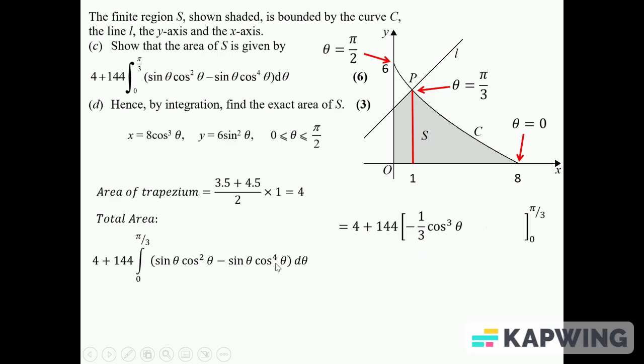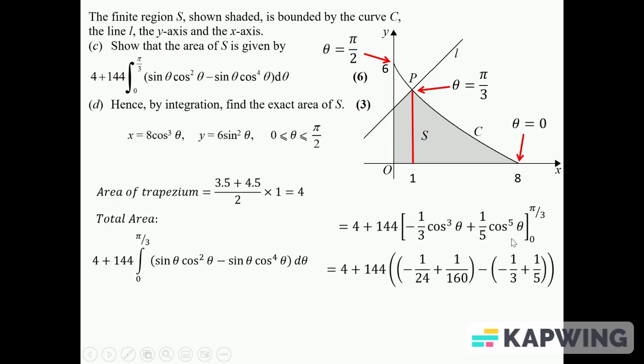For this term, if I differentiate cos to the power of 5, the 5 will go in front, I'll have cos to the power of 4 multiplied by minus sine. So I've got minus sine here, but I don't want the 5, so I'll have to multiply by a fifth. Put the limits in, putting pi over 3 into this, I'll get minus 1 over 24 plus 1 over 160, and then putting 0 in, cos 0 is just 1, so it's just minus a third plus a fifth, and that gives me 181 over 10.